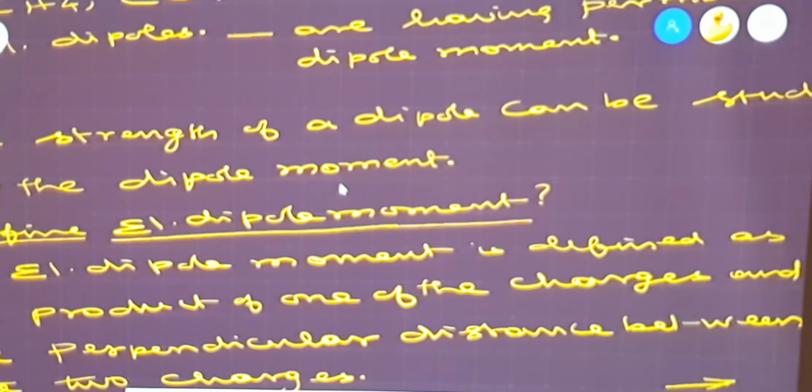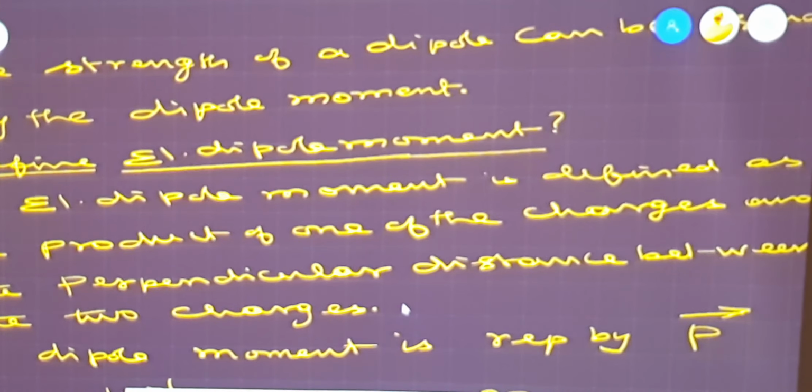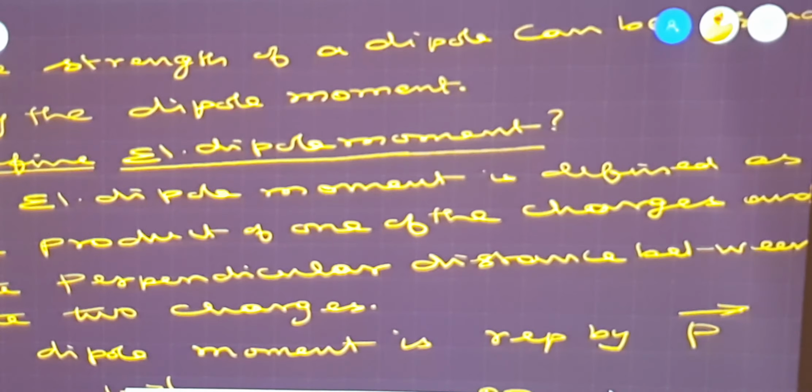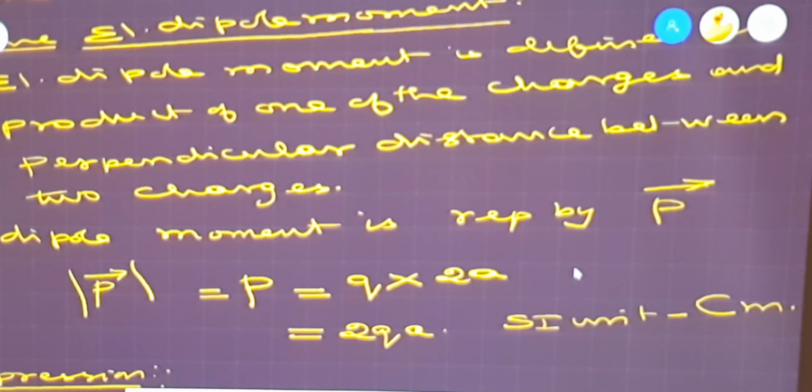So what is that dipole moment? Electrical dipole moment is defined as the product of one of the charges and the distance between the two charges. The dipole moment is represented by the letter P and it is a vector quantity.